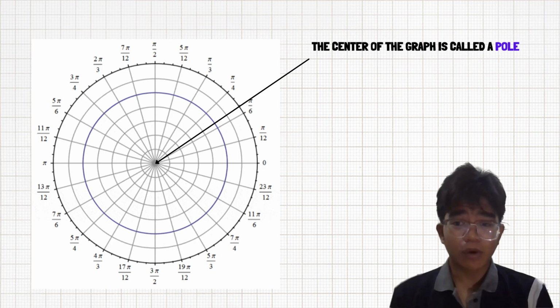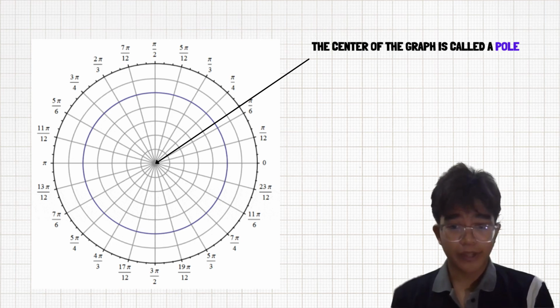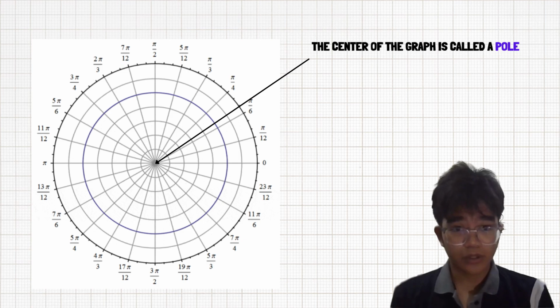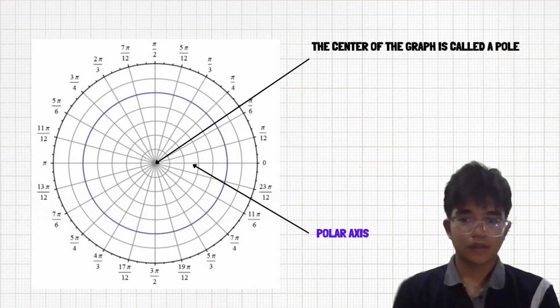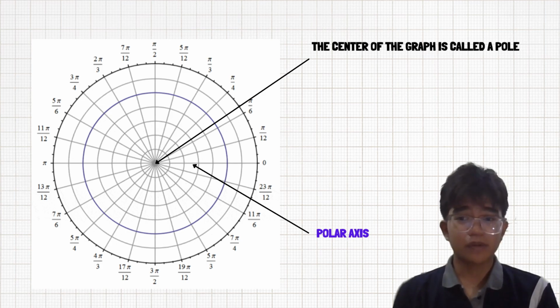However, in polar coordinates, this center point 0, 0 is called the pole. Next is the polar axis. This is the horizontal ray extending to the right from the pole, the positive x-axis. All angles are measured starting from this line.